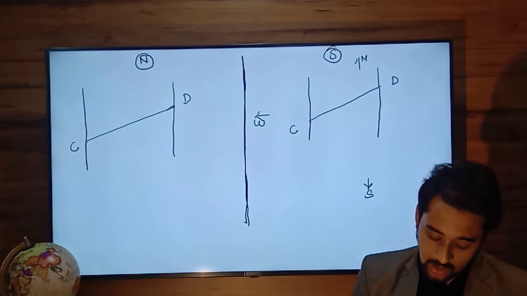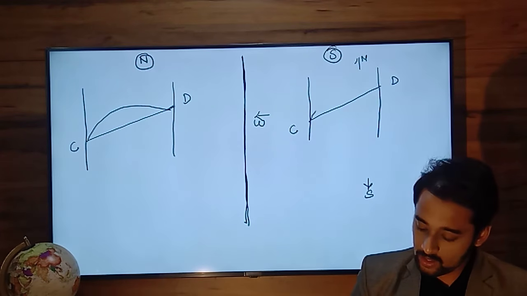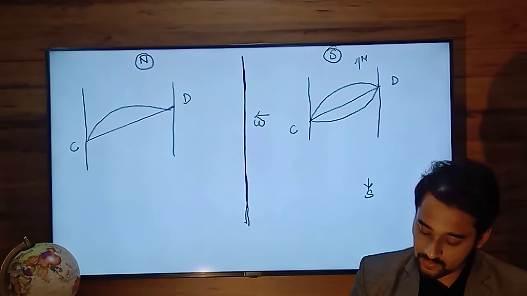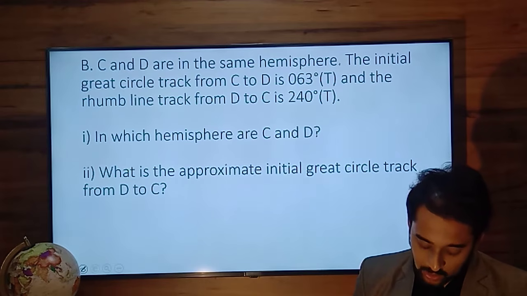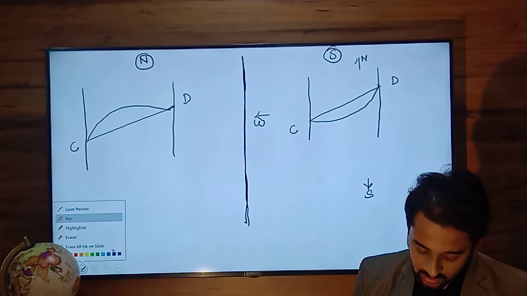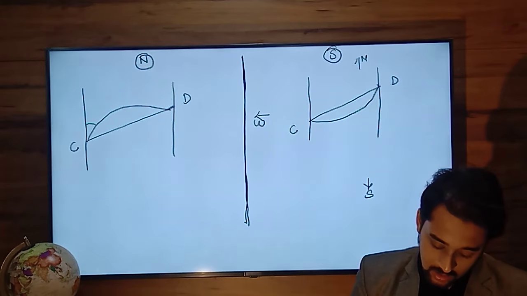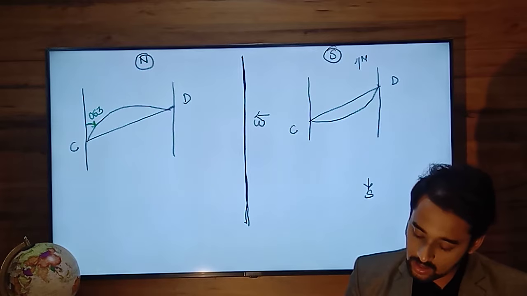Now let's draw this diagram like the normal correction. Next part is great circle from Charlie to Delta is 063. This is your great circle. So 063, Charlie to Delta.